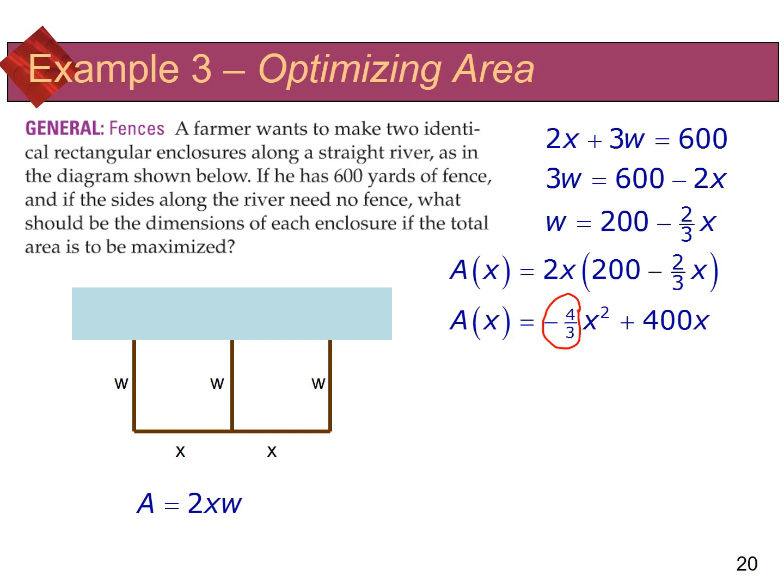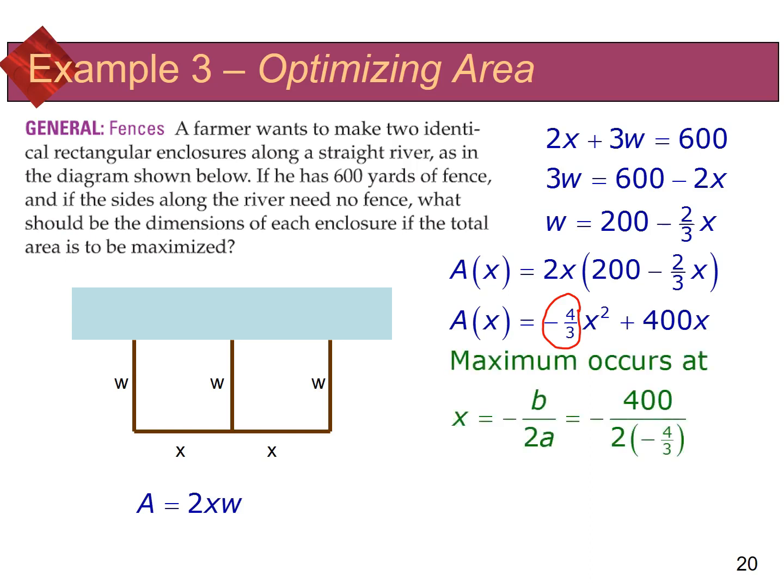That maximum will occur at its vertex. And the vertex is found on the axis of symmetry. And the axis of symmetry is found by using this formula here, x equals negative b over 2a. So again, negative 4/3 being the value for A, 400 being the value of B. So I plug those numbers in, and as you can see, I do get x equaling 150 again.